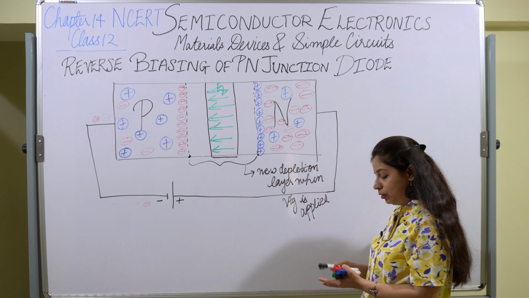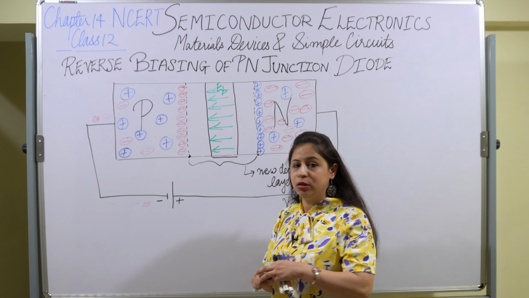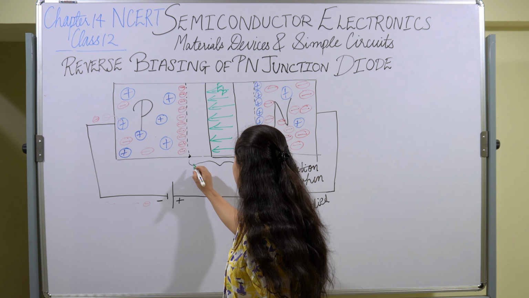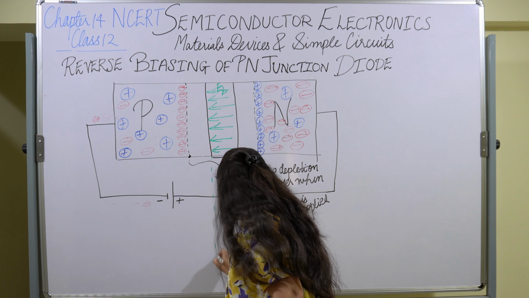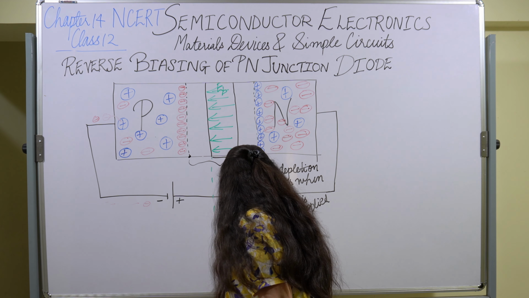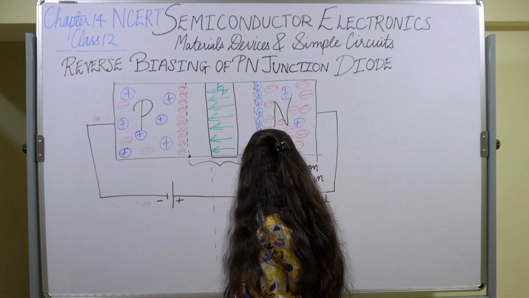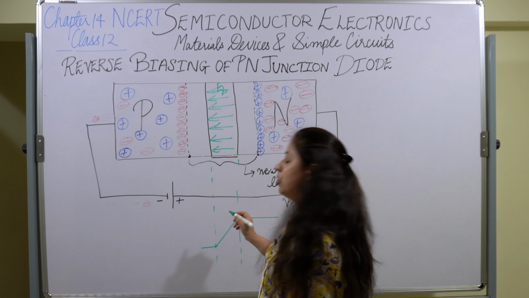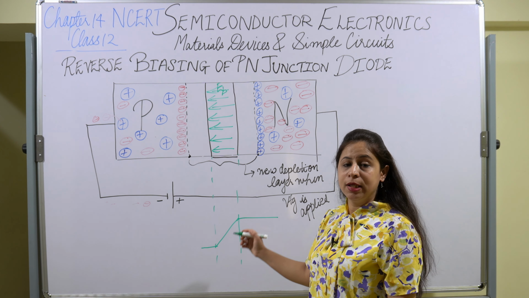So let us draw the potential gradient and potential barrier. Previously, this was my positive potential. So my potential gradient was this. Potential gradient is nothing but the slope.